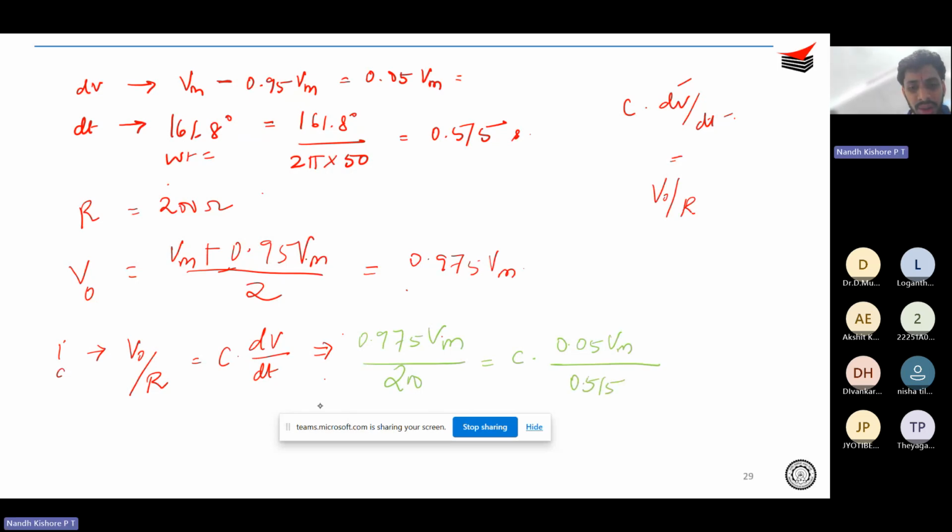From here you can find C. So 0.975 divided by 200.